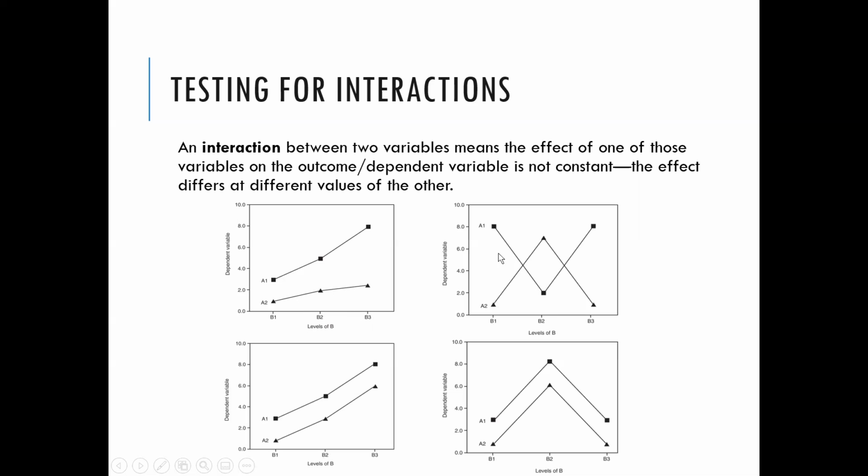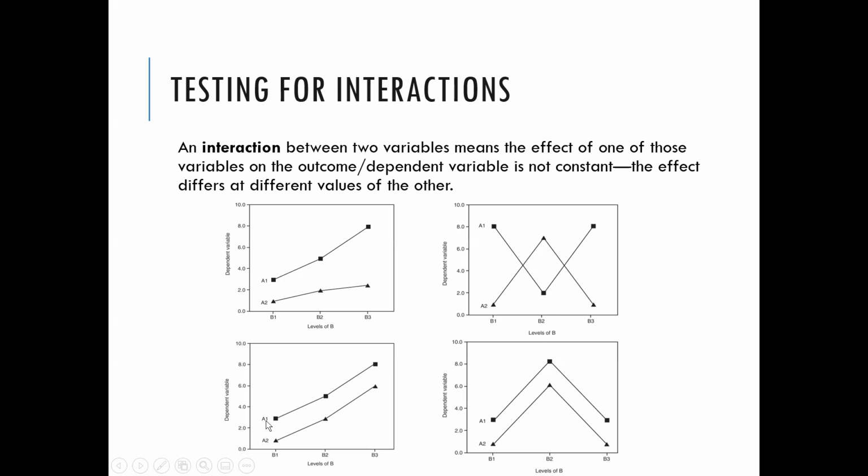And the same thing here, where the value of A level 1 is quite high for level 1 of variable B, then it drops down at level 2 of B, and then goes back up again for level 3 of B. And then we see quite the opposite happening. For level 2 of A, it's quite low for the first level of B, then it increases and is quite high for the second level of B, and then it decreases.